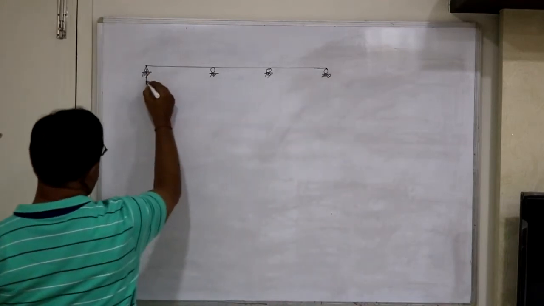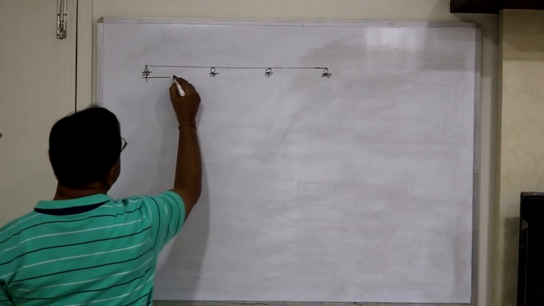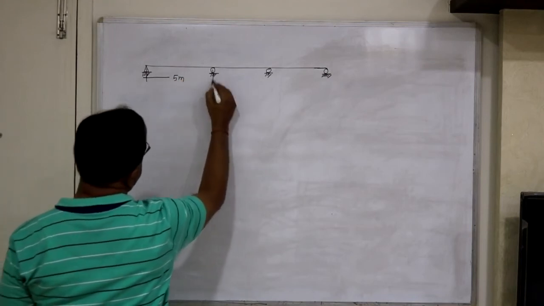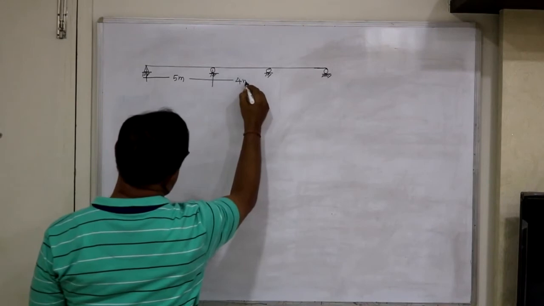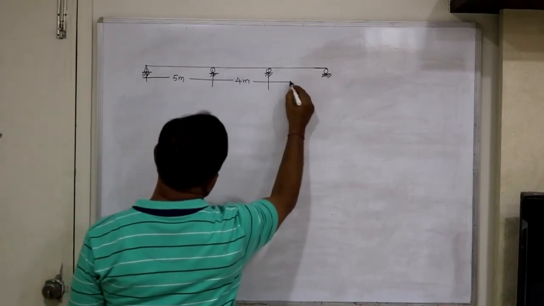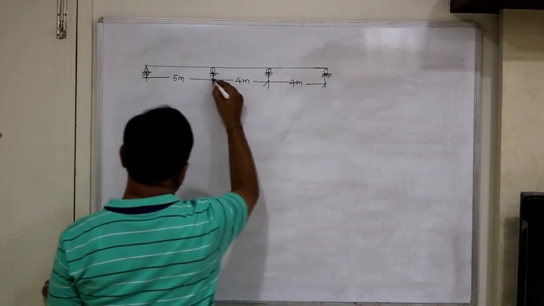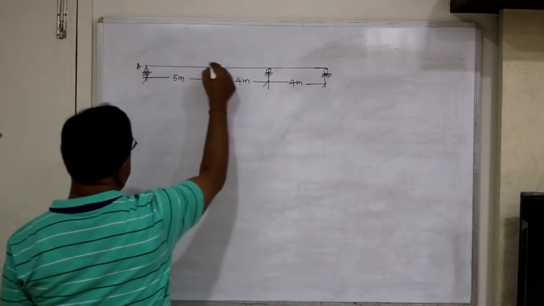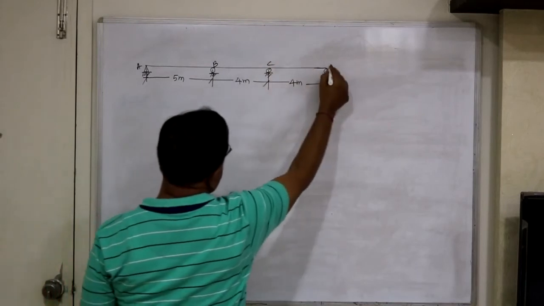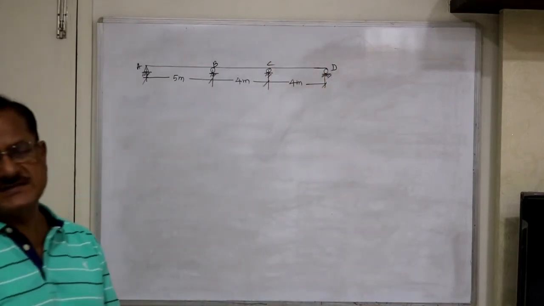Say the lengths are 5 meter, 4 meter, again 4 meter. These are the lengths, and this is A, B, C, D. This is a beam.